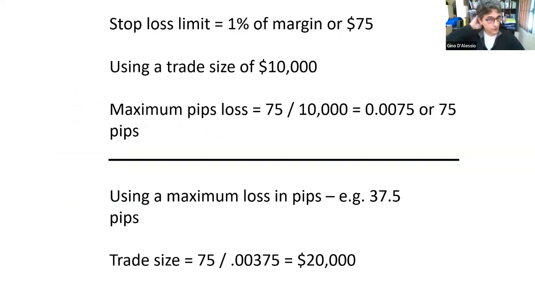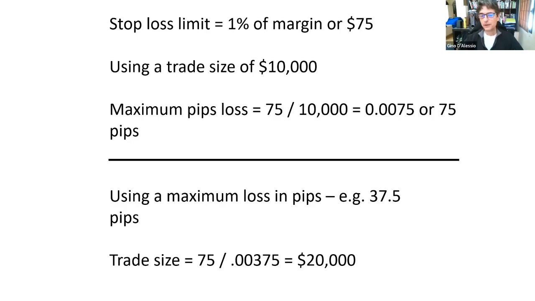Now, when it comes to defining the stop loss, there are various ways of establishing it. You can establish it as a percentage of your maximum drawdown, as I mentioned earlier, or as a percentage of your margin.